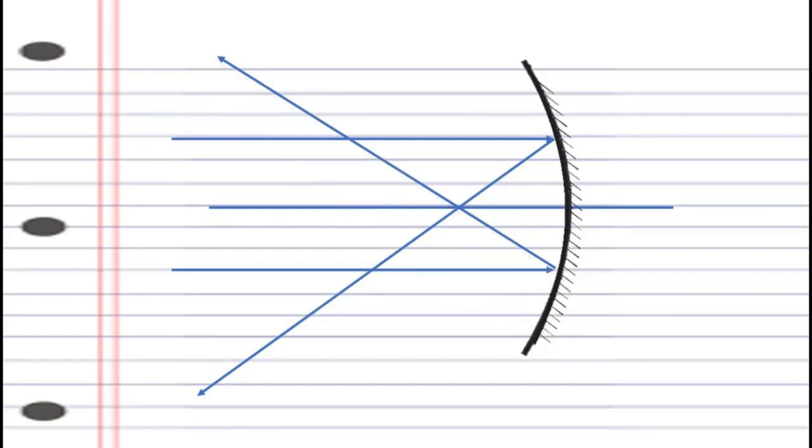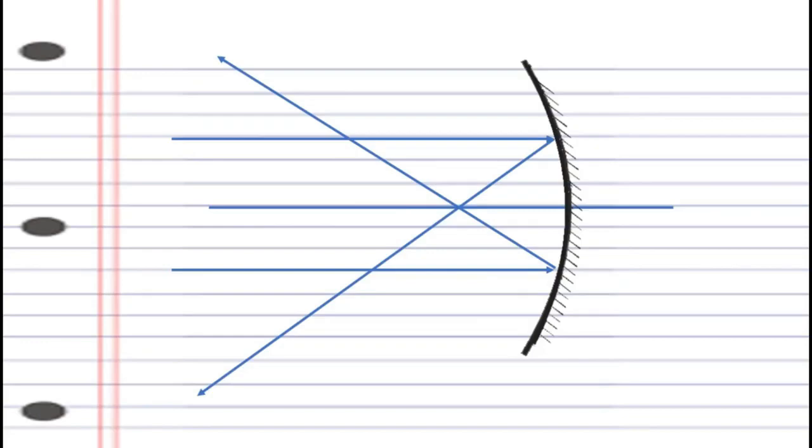We have to place it properly, because we know that the reflected rays of both these lines will pass through a single point. Point to be noted here, that the light rays which are parallel have passed through a single point.